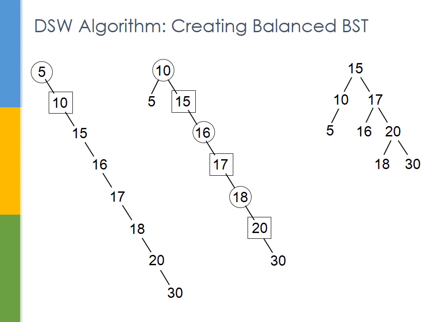So now we move to the second iteration of our while loop, where we determined that we need to perform a single left rotation. And again, we start at the root of our tree and we rotate every second node. So we're only performing 1 left rotation, meaning that we take our second node to the right over here, which is 17, and we rotate that about the root node, which is 15.